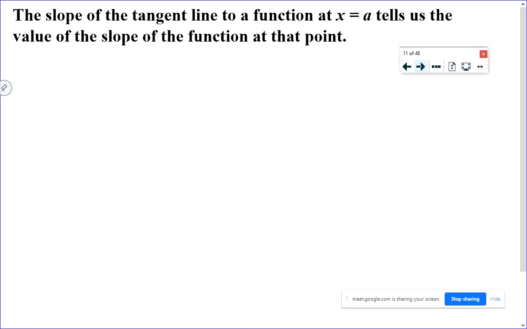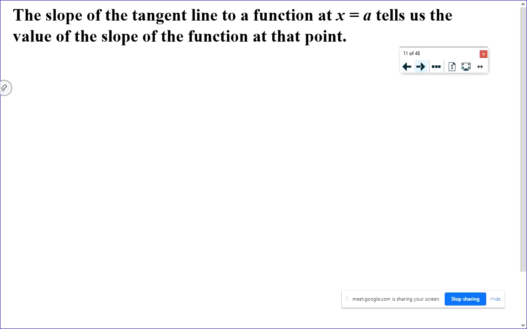Now, what is important is that the slope of a tangent line at a value of x on the function is the same as the slope of the function at that point. That may seem obvious until you really think about what I'm saying.